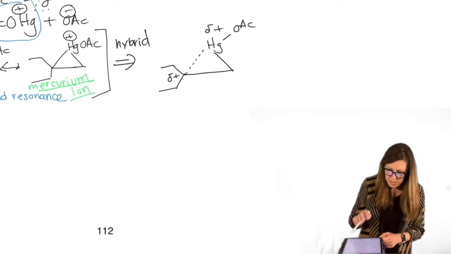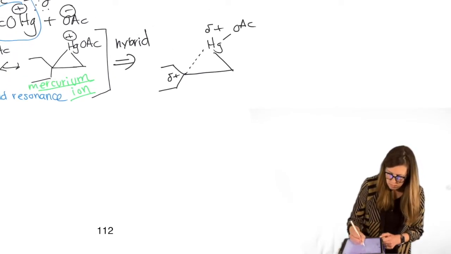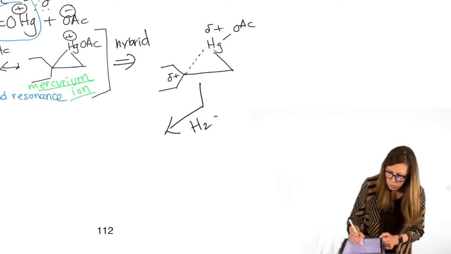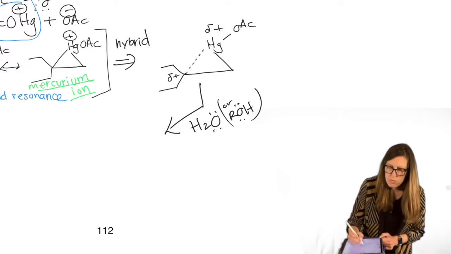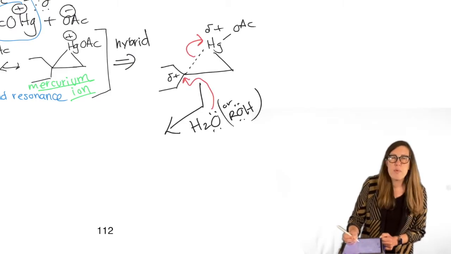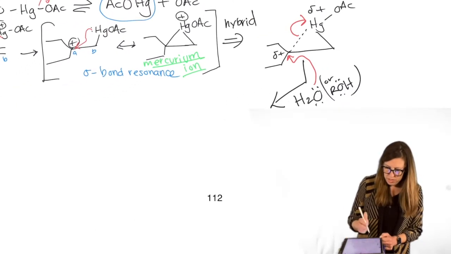Okay, so to continue the mechanism, we will bring in our nucleophile, water or alcohol, if you use that. I'm going to show it with water since we're really comparing the hydration at this point. Attack that positive charge, and if you did draw the 3-membered ring, then you let that bond open.